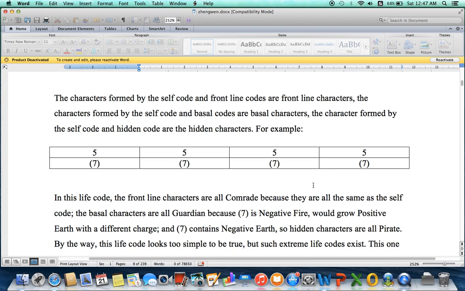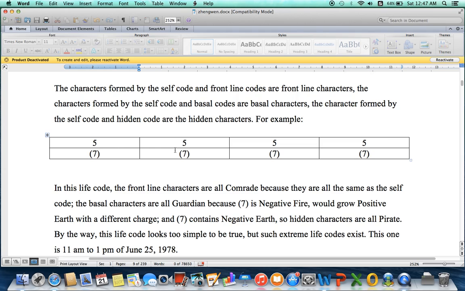So how to decide a code's power? First of all, the frontline codes are not as strong as the basal code. If we have the frontline code, the power is 60 or 6. If we have the basal code, the power is 100 or 10. So the first concept is the basal code is stronger than the frontline code.